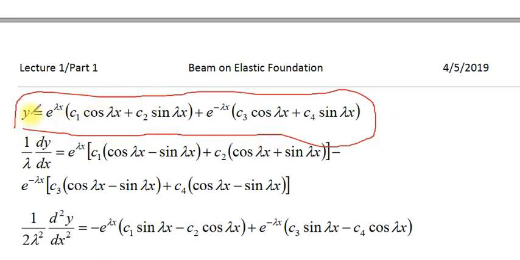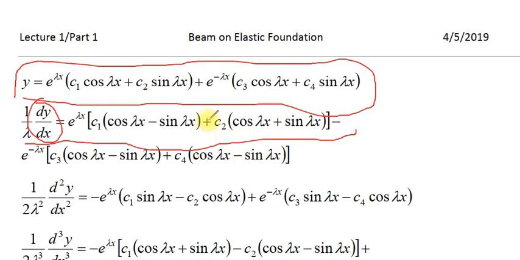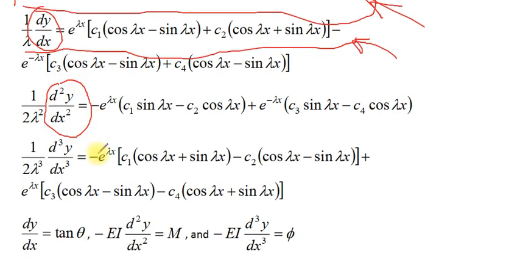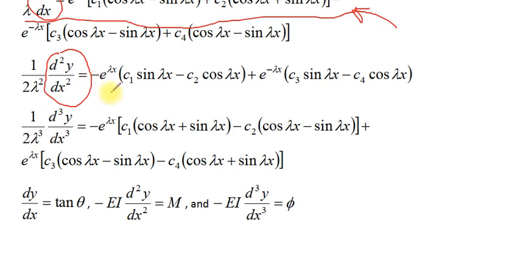The first derivative of this equation gives us the following relation: 1 over lambda dy over dx equals e to the lambda x c1 cosine lambda x and so on. Deriving this equation with respect to x, dy over dx is the slope of the beam. Deriving the slope, we get the following equation: 1 over 2 lambda squared d squared y over dx squared. d squared y over dx squared is the moment, so from this equation we can get the moment of the beam.